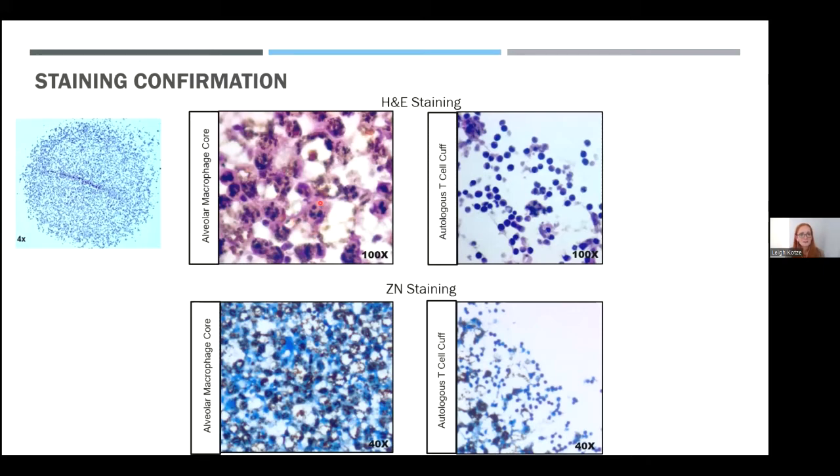So we see these multinucleated giant cells beginning to form at the core from the macrophages that were initially used for the core formation. And then we have the T cells forming the cuff. We've also been able to perform ZN staining on the structures, both uninfected and infected, to identify acid-fast bacteria and where they are relative to the structure's size.